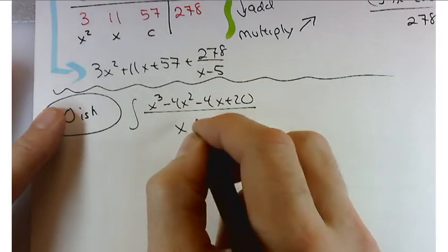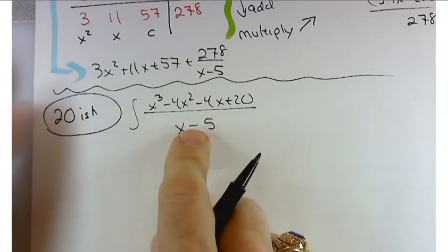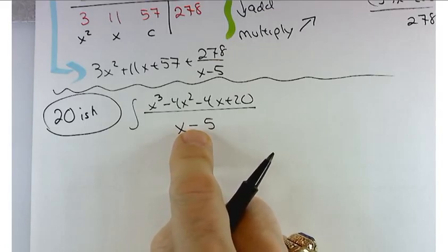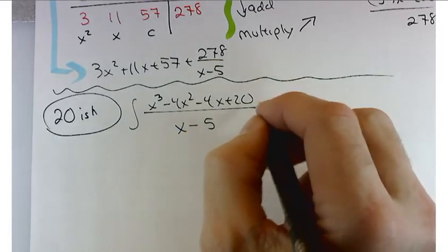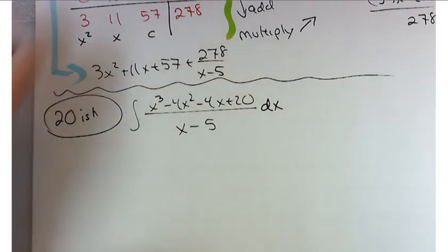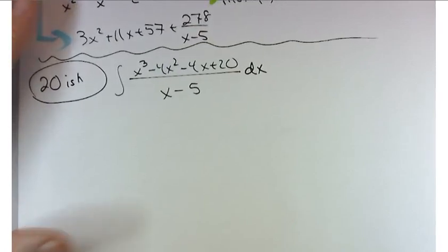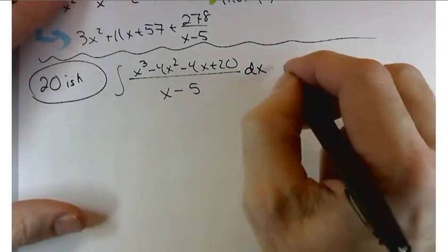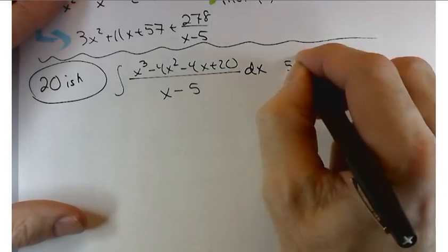And in the book, they've got an x squared minus 5. If they had an x squared minus 5, you could not use synthetic division. You'd have to do something else. But I want to practice synthetic division on a meaningful problem. So here we go. Let's rewrite this by first dividing this out synthetically. So that's going to be a 5 out in front.